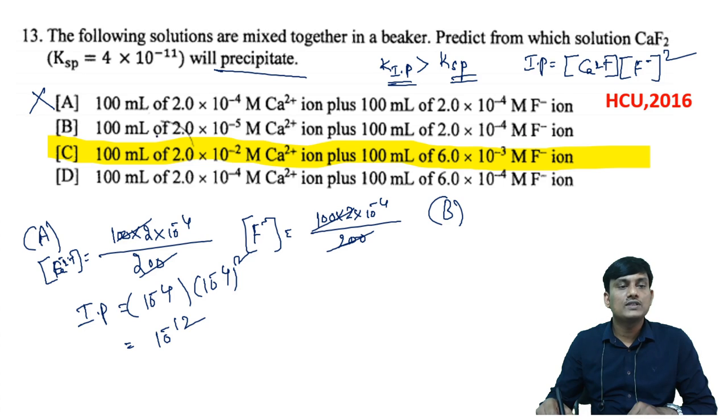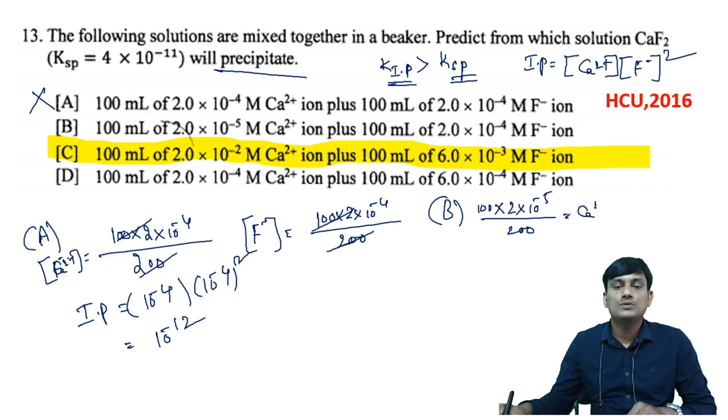In this case also, the Ca2+ concentration will be 100 × 2 × 10^-5 by 200. This is the concentration of Ca2+. What is the concentration of F-? F- will be 100 × 2 × 10^-5 by 200.